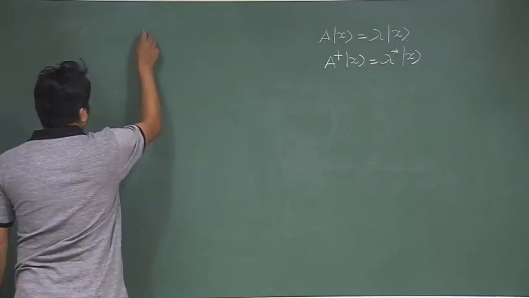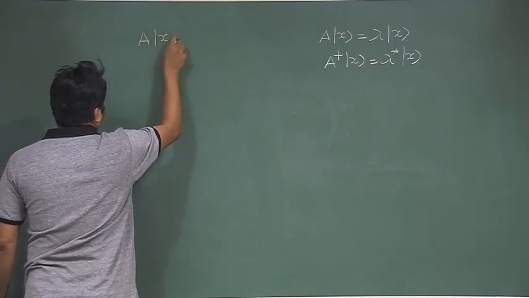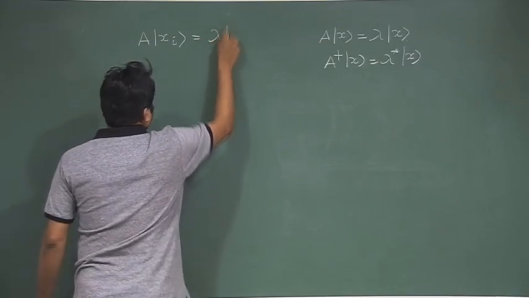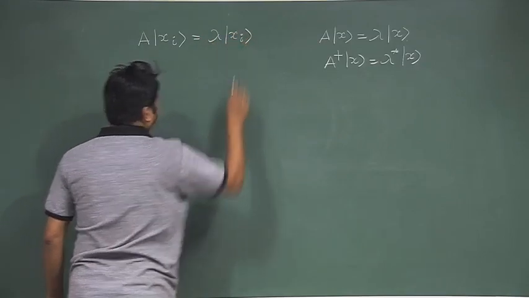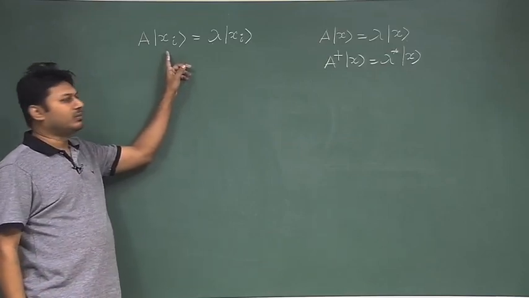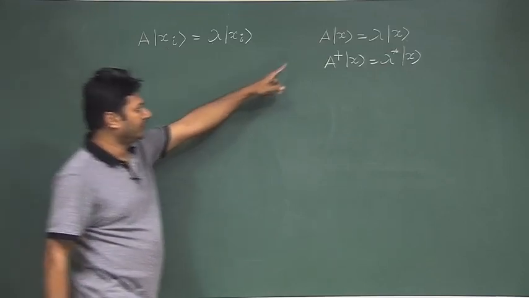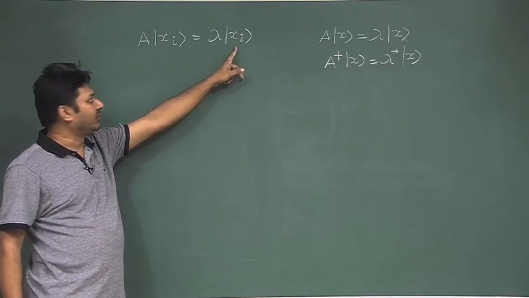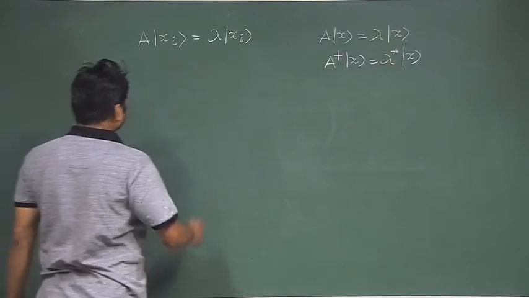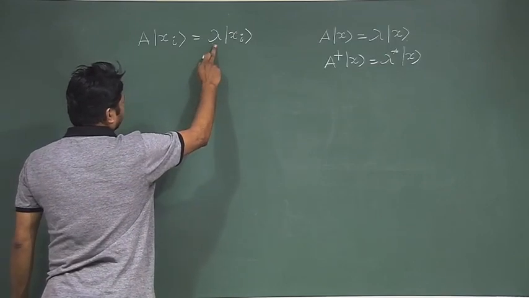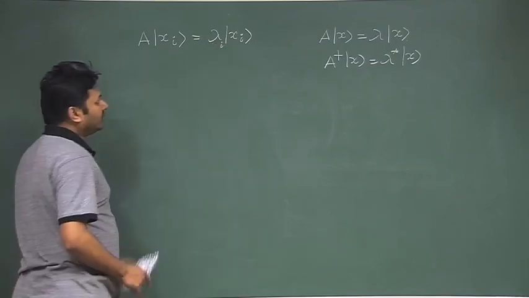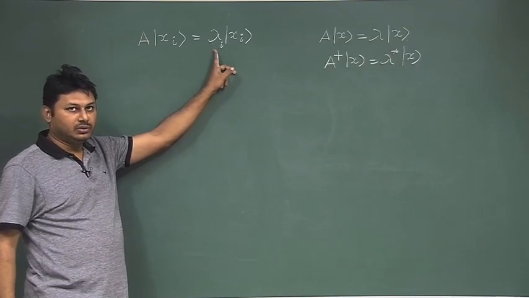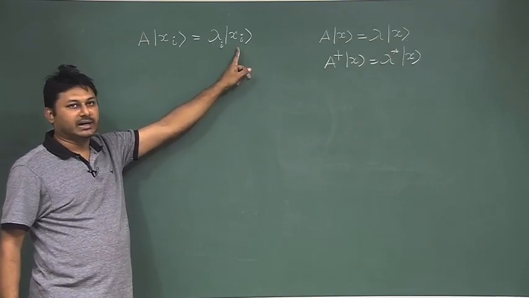Now let us say A x_i is equal to lambda x_i. I put one of the eigenvectors. This is a general form. I just change and say, okay, the ith eigenvector I am trying to calculate. So here, for that, this is my eigenvalue. I need to put a suffix for the eigenvalue there also. So this is the eigenvalue corresponding to the ith eigenvector.